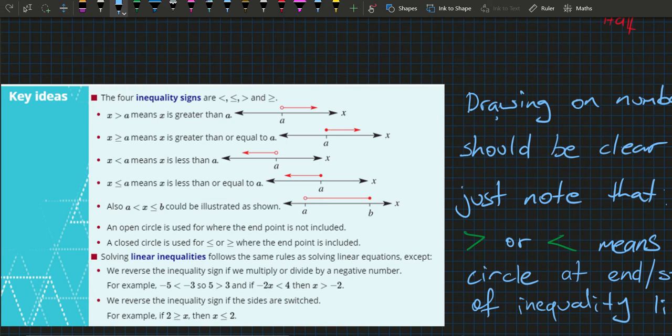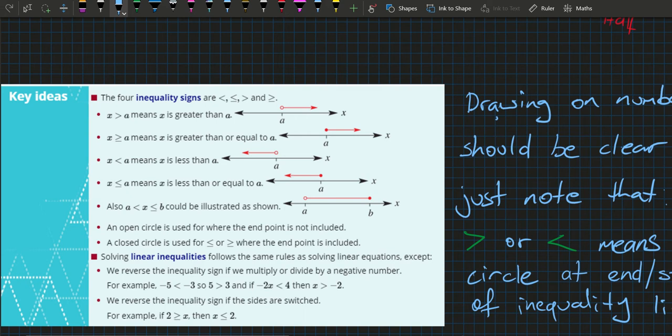And when we're talking about greater than or equal to, of course, that includes a. So in the next example, we've got a solid circle there, okay? And the arrow indicates off to infinity. So that's all the numbers that are greater. There's a lot of numbers, trust me.